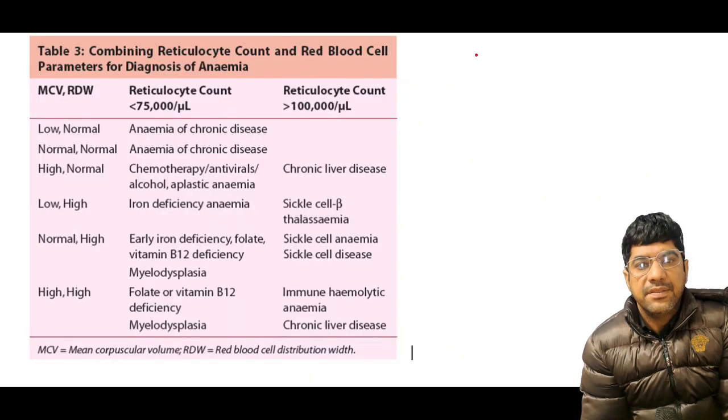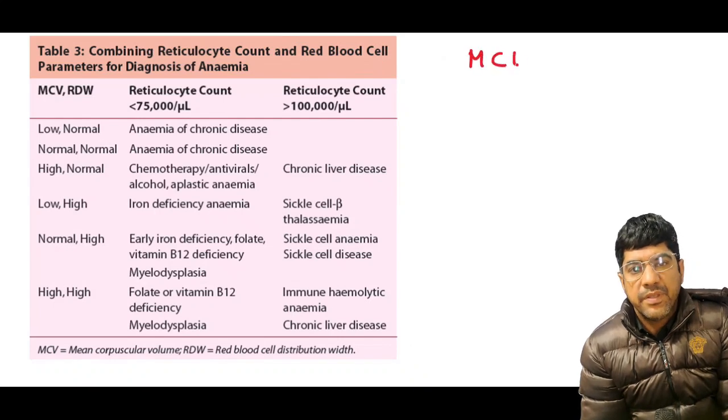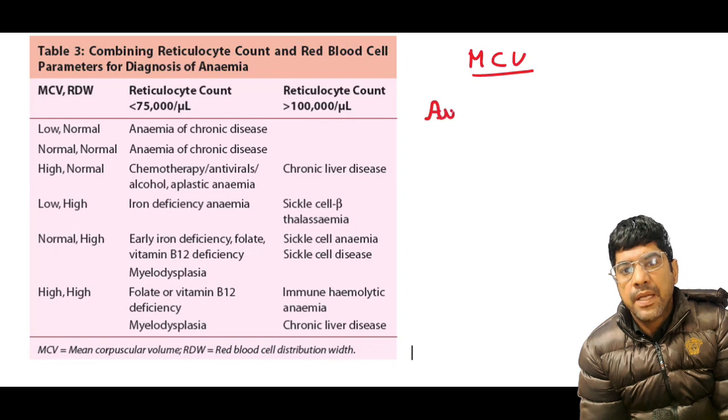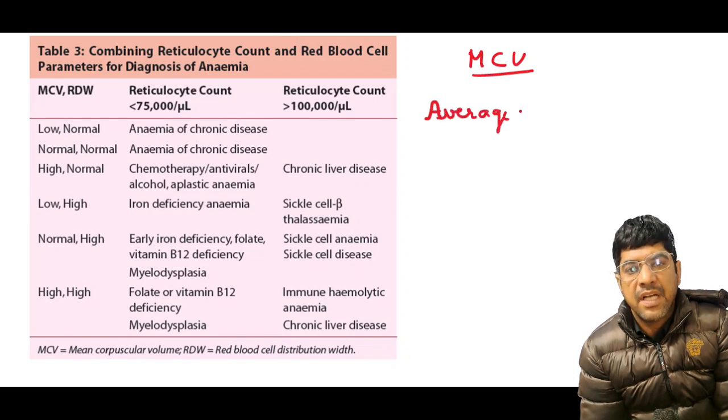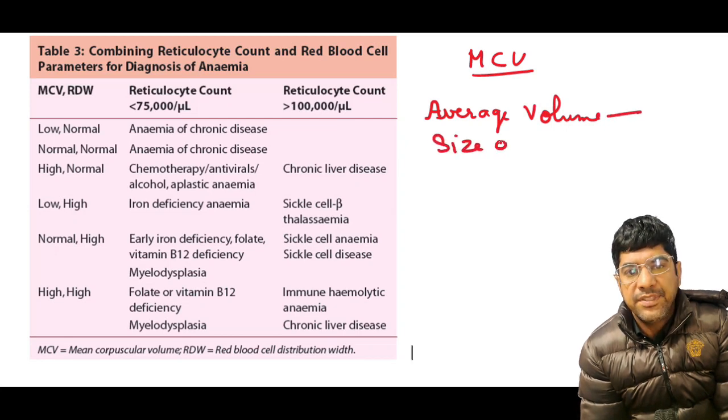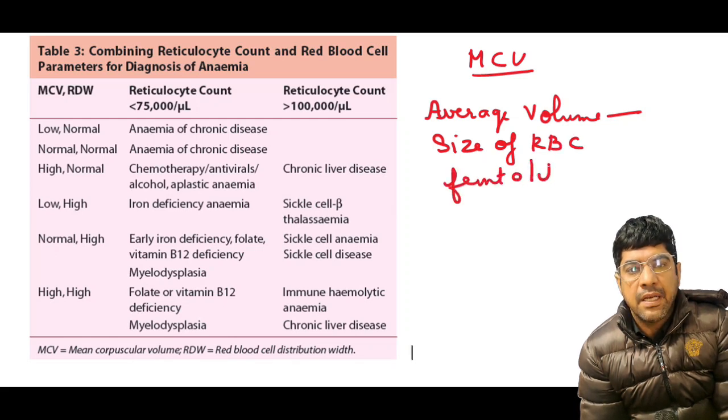Apart from that, we can look at the mean corpuscular volume. The mean corpuscular volume measures the average volume or size of red blood cells. It is expressed in femtoliters. So a low MCV, that is less than 80 femtoliters, indicates microcytic red cells, smaller than normal.